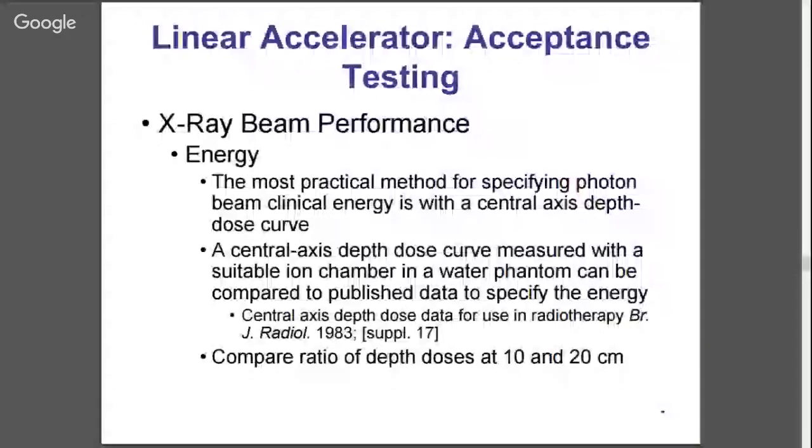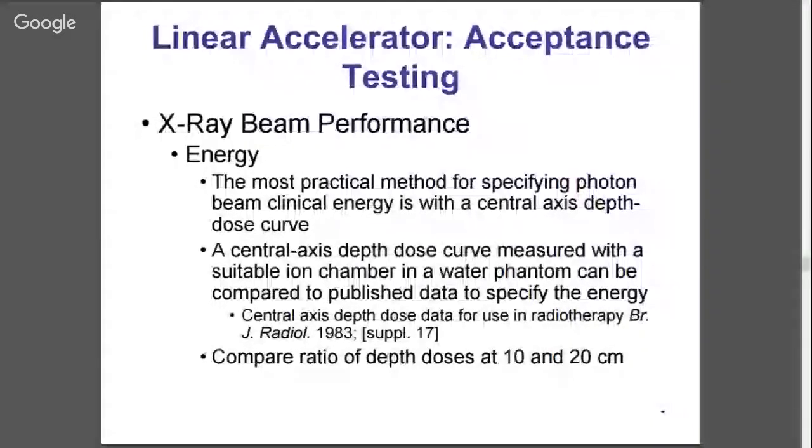measuring the energy indirectly. Okay, one of the simplest ways to do this at MV energies is to measure a depth dose. So we measure the dose at different depths in a phantom with an ion chamber, typically in a water phantom, and then we can compare the depth doses to tabulated depth dose data.